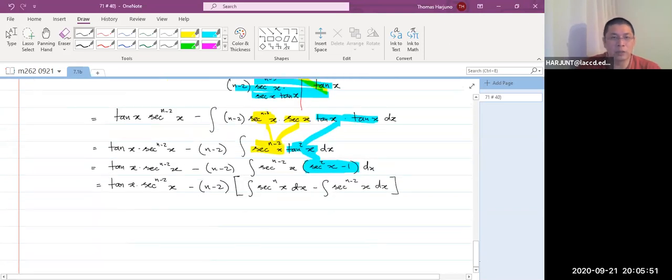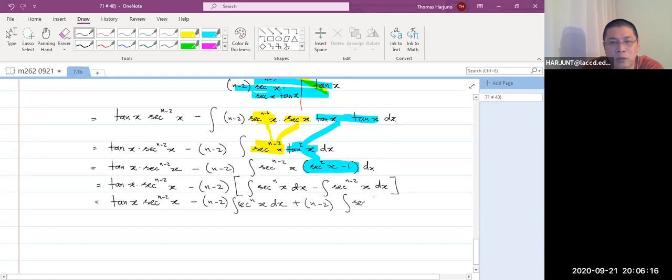I will distribute the n minus 2, that's tangent x secant to the n minus 2x minus n minus 2 integral secant to the nx dx plus n minus 2 integral secant to the n minus 2 of x dx.